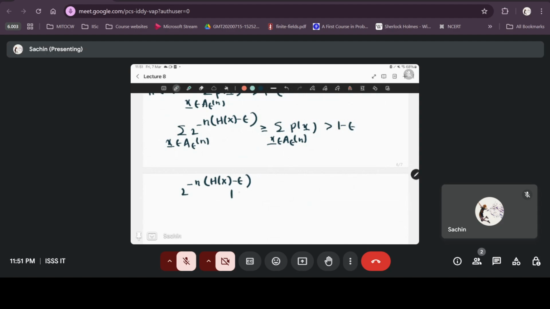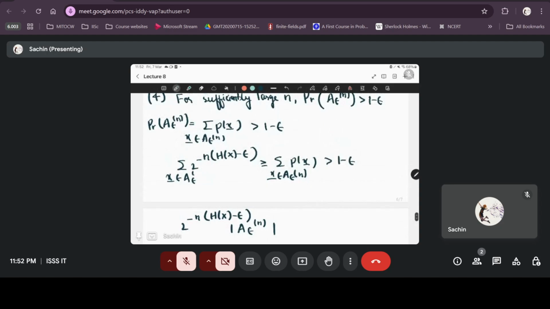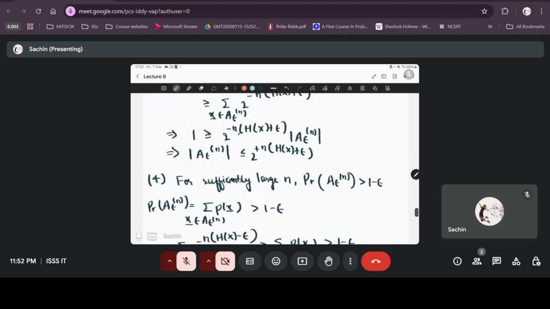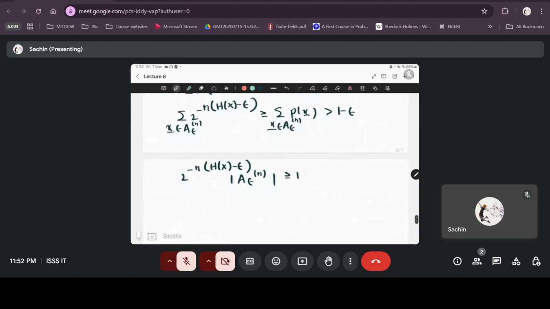So you get the cardinality of A epsilon n times this is greater than or equal to 1 minus epsilon, from which you get the cardinality of A epsilon n greater than or equal to 1 minus epsilon times 2 power n (H of X minus epsilon).